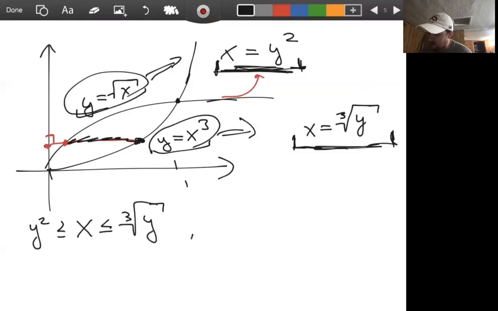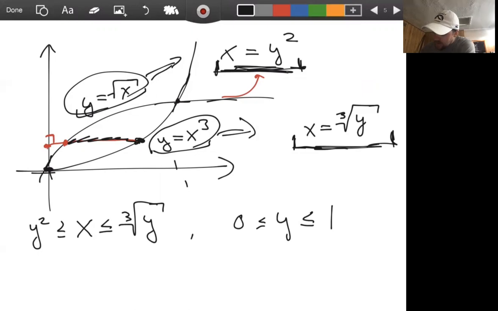And also, we want to see how our y bounds go. Our y bounds start at 0 still, because the curves intersect at y equals 0, and then the curves also intersect at y equals 1. And so the bounds for y become 0 to 1.